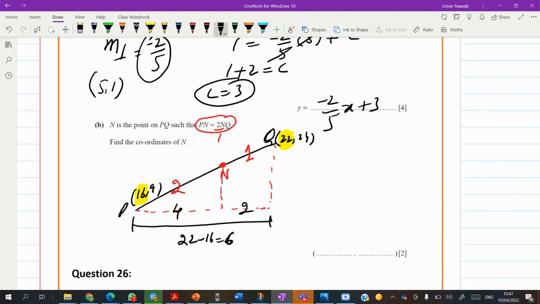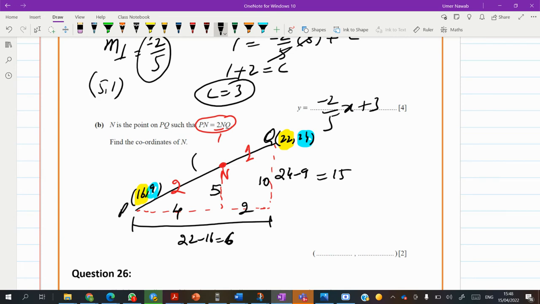Same thing, what is the y coordinate distance? The difference of the y coordinates. This is 24 and this is 9. So 24 minus 9 gives you 15. Now simplify this, because our ratio will stay the same as 2 by 1. So this is 5 and that is 10.